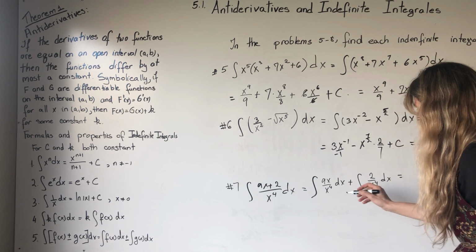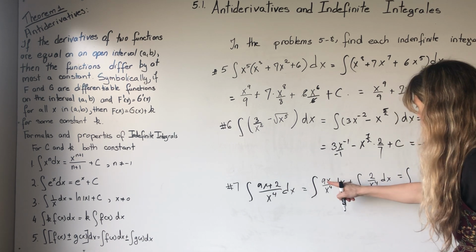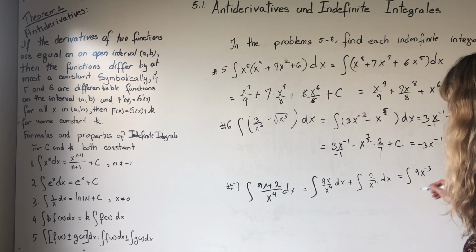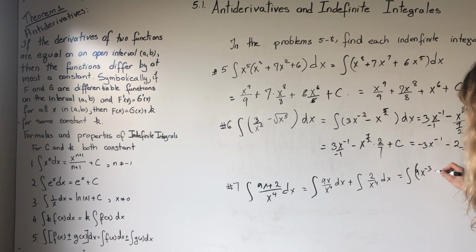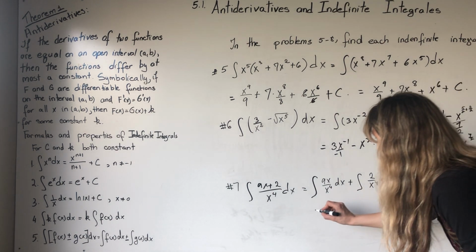And that's equal to the integral of 9x to the negative 3, let's put it both together, plus 2 times x to the negative 4, dx.